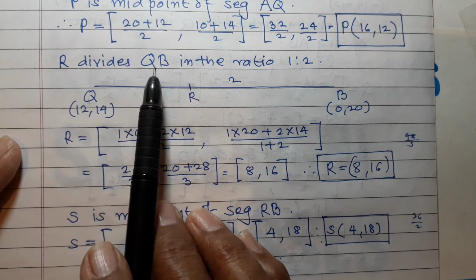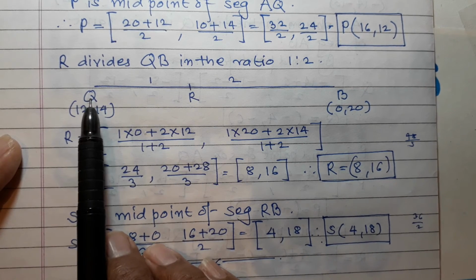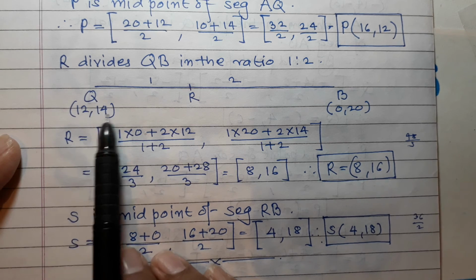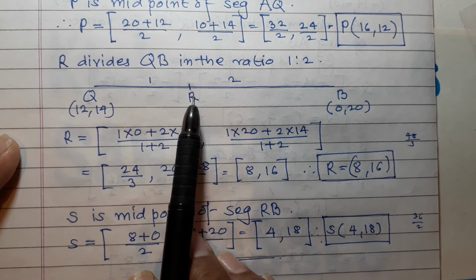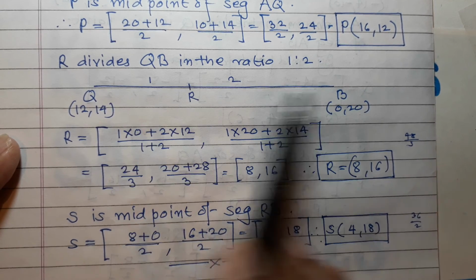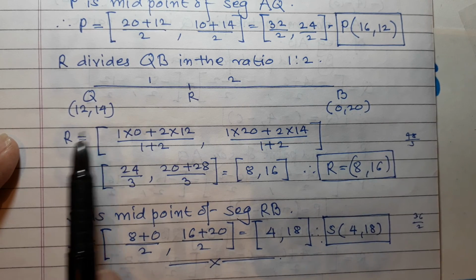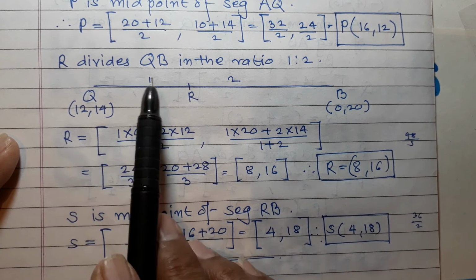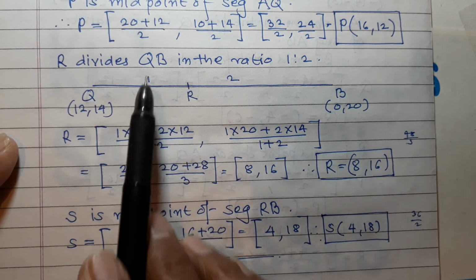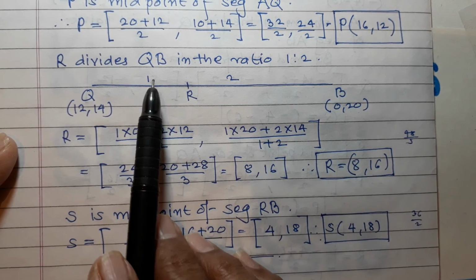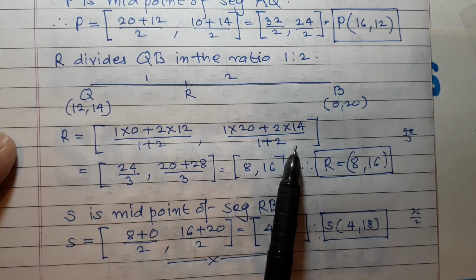R divides QB in the ratio 1:2, and therefore now this is Q(12, 14), B(0, 20), R you want to divide seg QB in the ratio 1:2, and therefore by section formula R is equal to ((1 into 0 plus 2 into 12)/(1 plus 2), (1 into 20 plus 2 into 14)/(1 plus 2)).